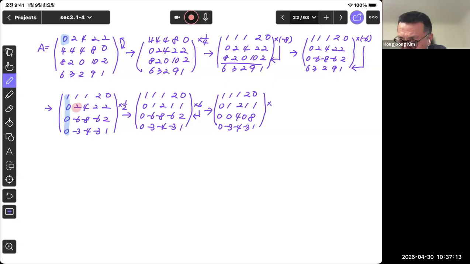Then if I multiply 3 to the second row and add it to the fourth row, the matrix becomes 1, 1, 1, 2, 0, 0, 1, 2, 1, 1, 0, 0, 4, 0, 8, and then 0, 0, 2, 0, 4.